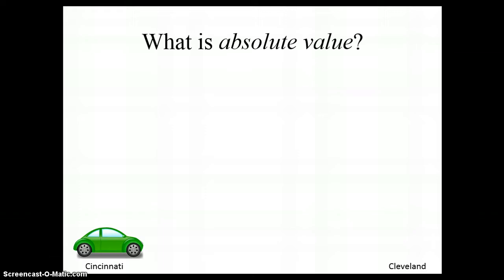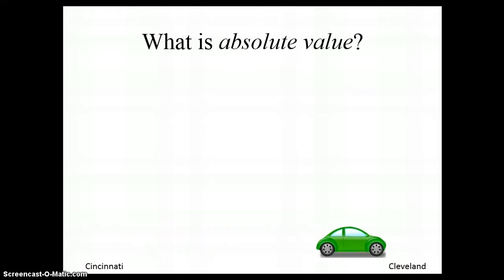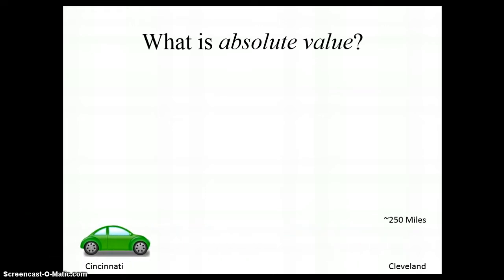So if I drive north about 250 miles and then turn around and come back, what would my odometer say? Since I went 250 miles north and then came back south, would it say 0? No. It would probably say about 500 miles, because that's how far my car traveled. That's the distance my car went, not its location in Ohio.